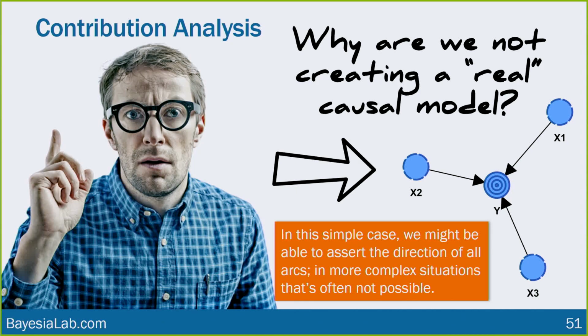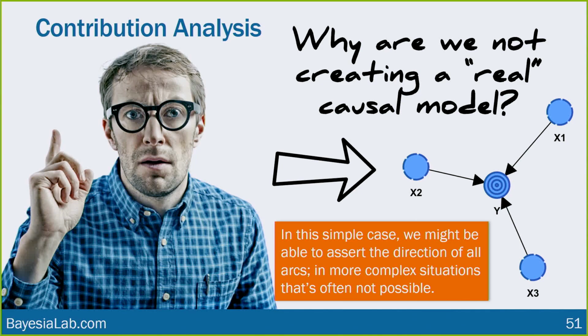I'm still using the approach based on a non-causal Bayesian network, simply because there are many problem domains where the relationships are too complex for a domain expert to really know how all the causes might relate to each other.